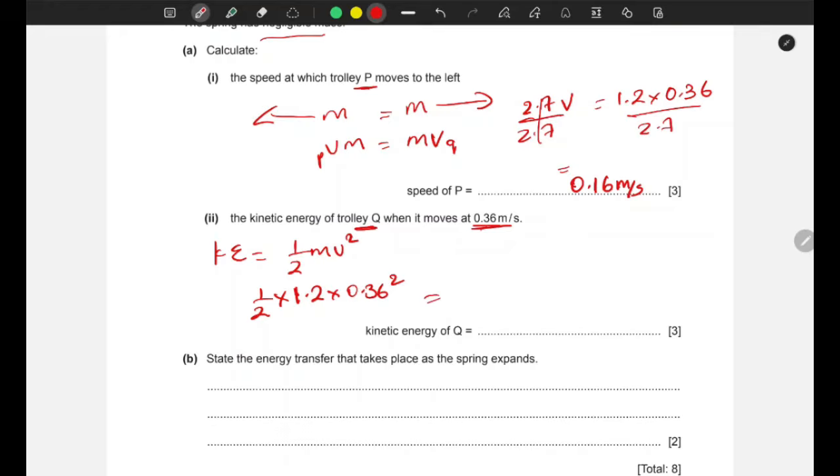So when we calculate that, that would give us 0.077 and continuing, so we can just write it as 0.078. That's our kinetic energy. So it's going to be in joules, of course.